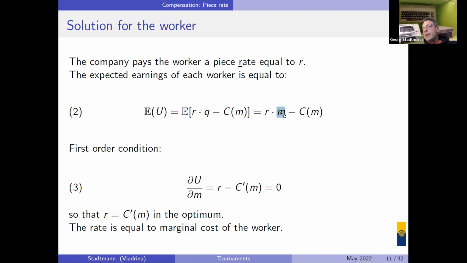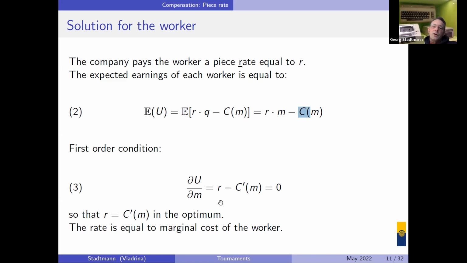We assume that the epsilons have a normal distribution, and the expected value of this epsilon is equal to 0. Therefore, the expected utility becomes r times m. These are like the revenues from exerting this effort level, and then we subtract the cost.